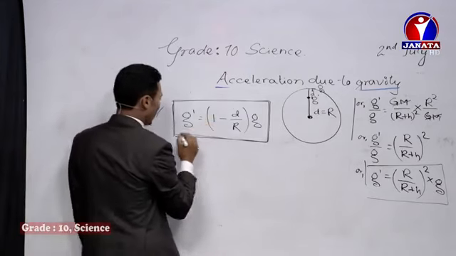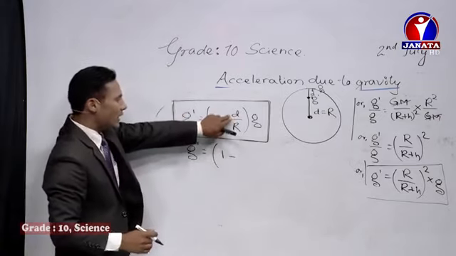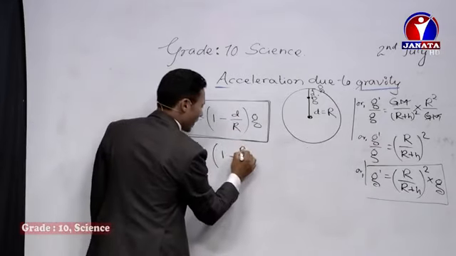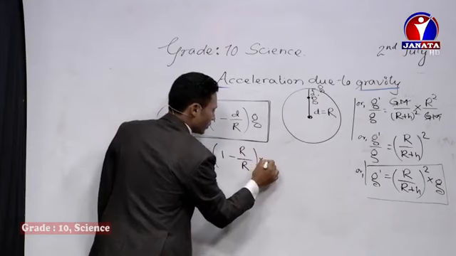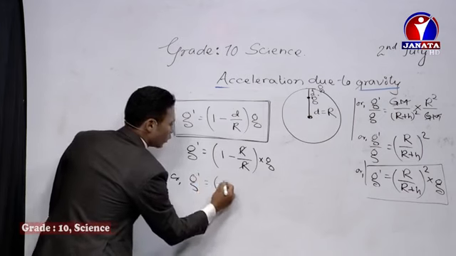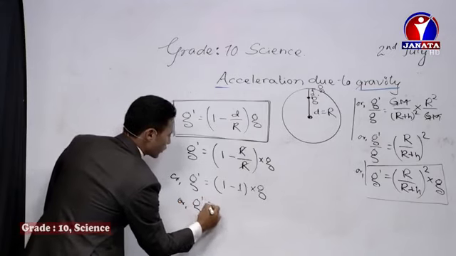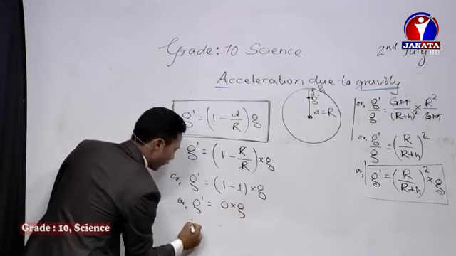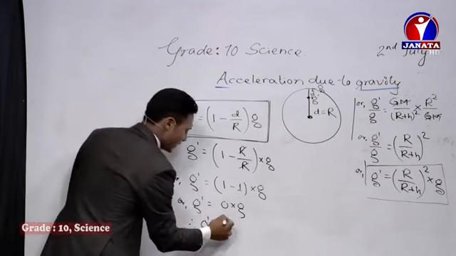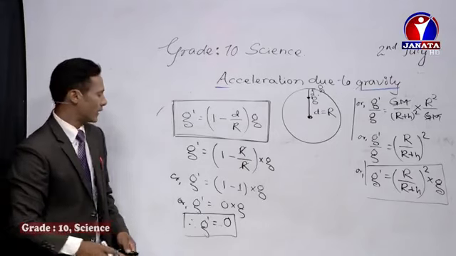So g dash equals (1 minus d by R) into g, and we can replace d by R, so R by R cancels: g dash equals (1 minus 1) into g, or g dash equals 0 into g. Therefore the value of acceleration due to gravity at the center of the earth is 0.